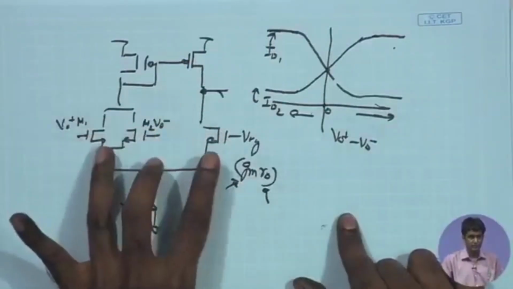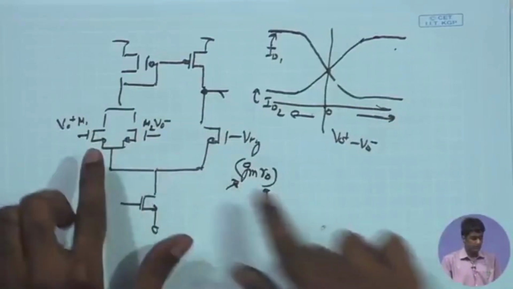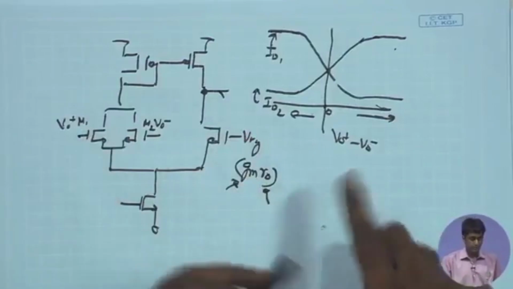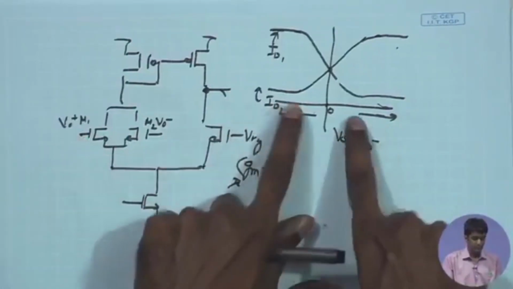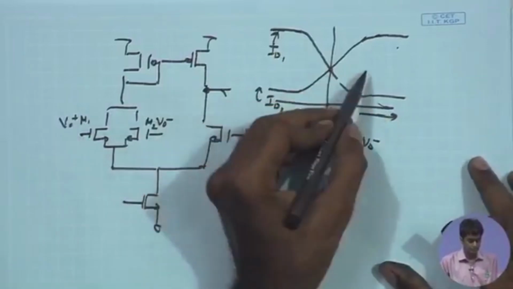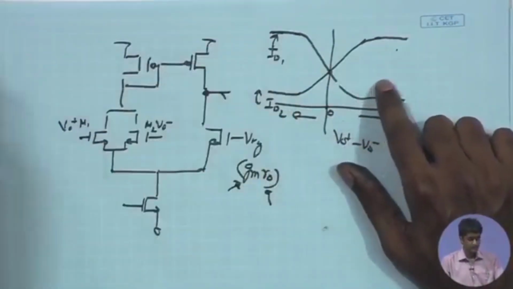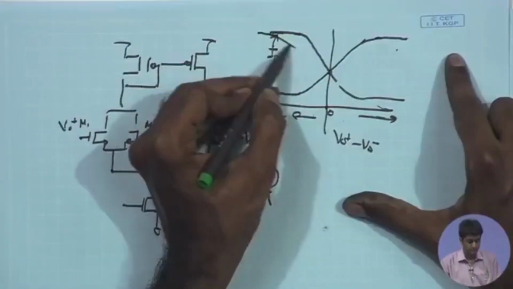So in order to get proper common mode feedback extraction, we would like to have GM1 plus GM2 equal to GM of this, and therefore if you want this error amplifier to handle a larger common mode, we would like to make this slope relatively poor, and hence that would imply that we should have a poorer GM of these devices.